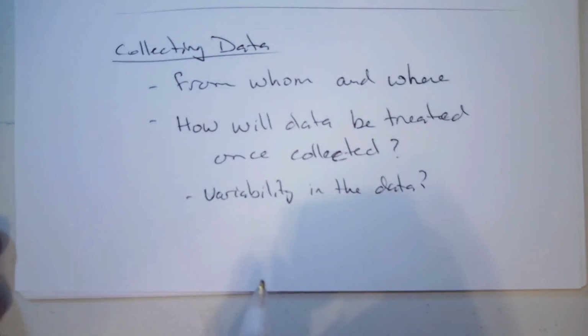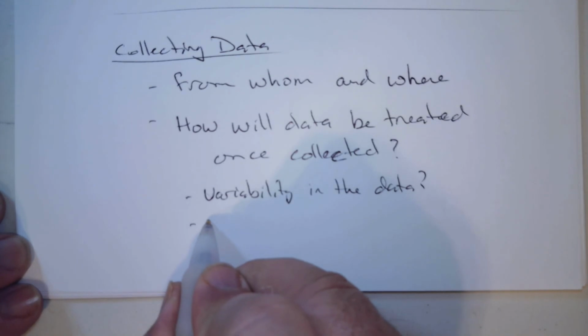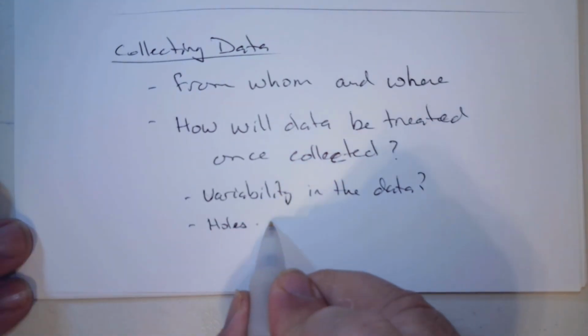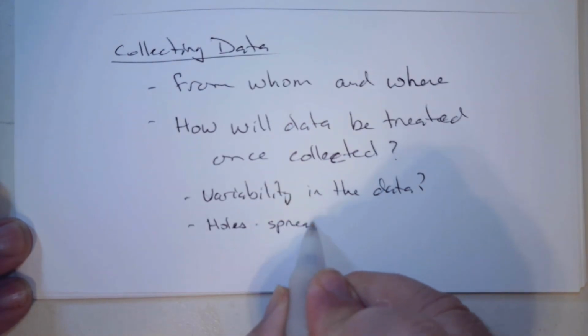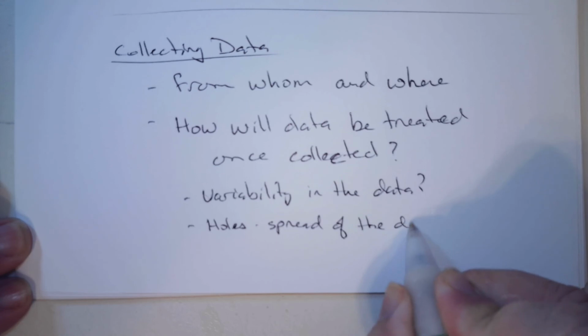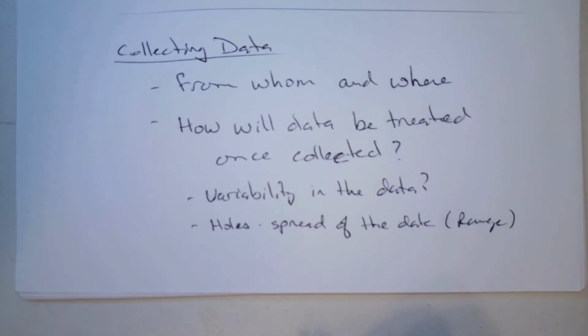Are you going to analyze, look for any holes or spread of the data, which is also called the range? So, what are you going to do with it once you get the data?